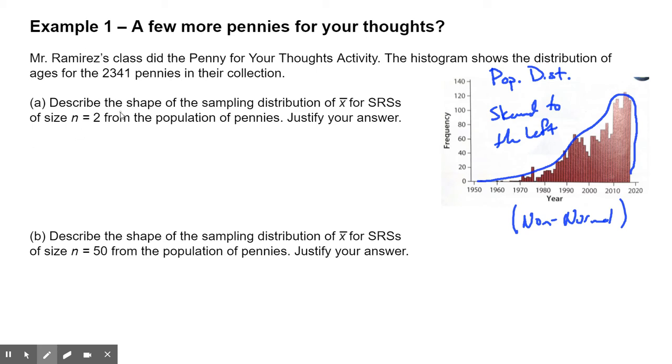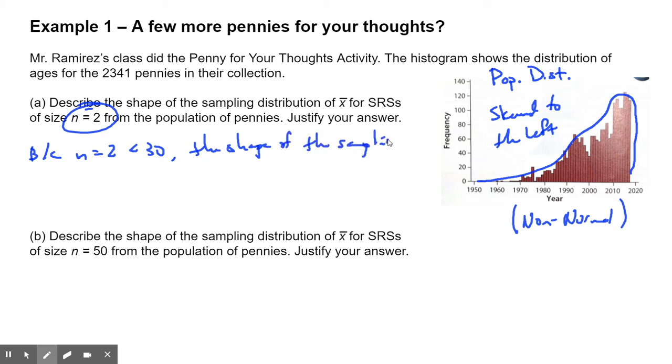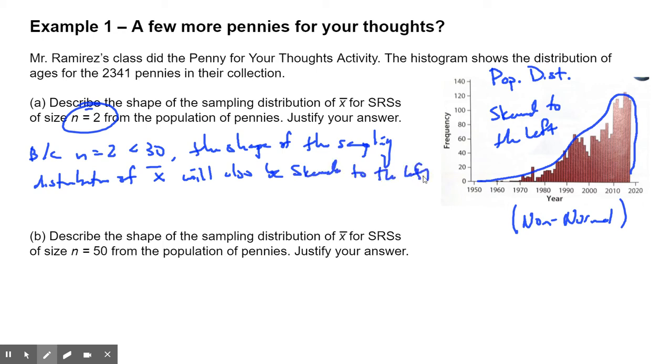Part A says describe the shape of the sampling distribution of x bar for SRSs of size n equals 2 from this population of pennies and justify your answer. Here's our response. Because n equals 2 is less than 30, the shape of the sampling distribution of x bar will also be skewed to the left.